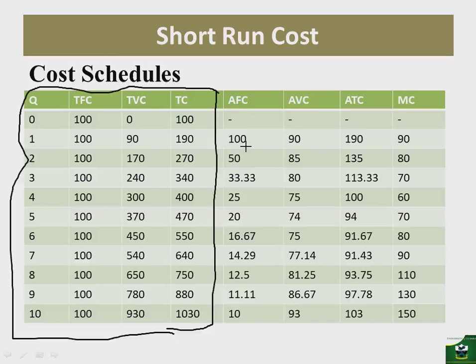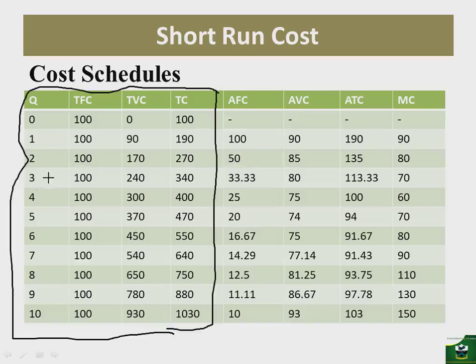So if we divide 100 by 1, we get our average fixed cost of 100. For our second unit of output produced, our total fixed cost is 100. If we divide 100 by 2, we get 50, which is our average fixed cost at the second level of output.